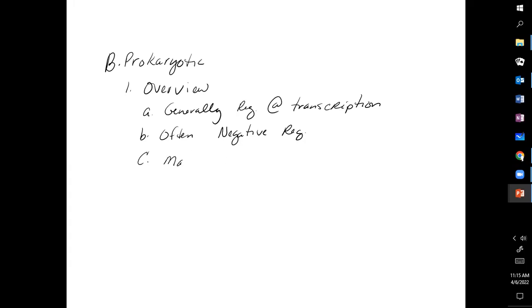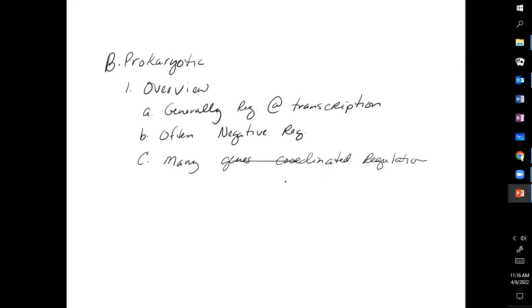And many genes in prokaryotes are coordinated in their regulation. So many genes demonstrate coordinated regulation. So what does that mean?